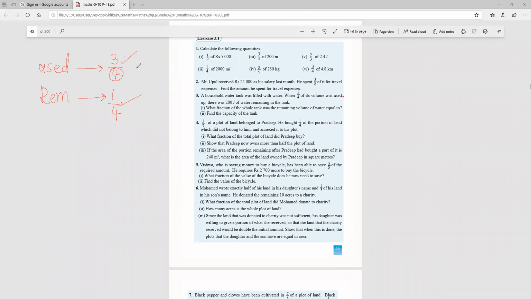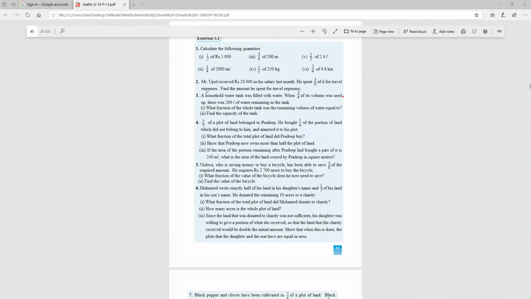Okay. Now I am going to read. Of its volume, okay, as you're asking to re-explain, listen.